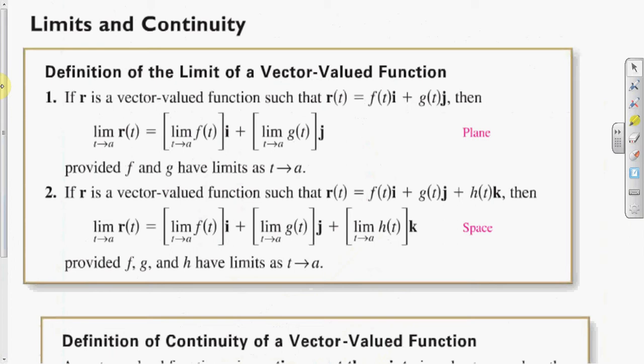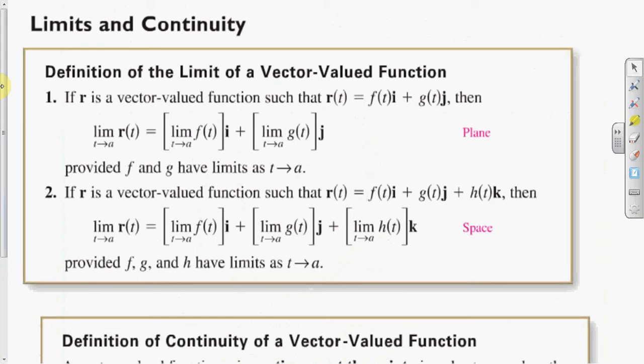So here, the limit of r of t as t goes to a is said to be tantamount to the limits of f and the limits of g as t goes to a, if that's in the plane. If it's in the space, then this limit of r of t is said to be the same thing as the limit of f of t as t goes to a with respect to i, plus the limit of g of t as t goes to a with respect to j, and then the limit of h of t as t goes to a with respect to k.